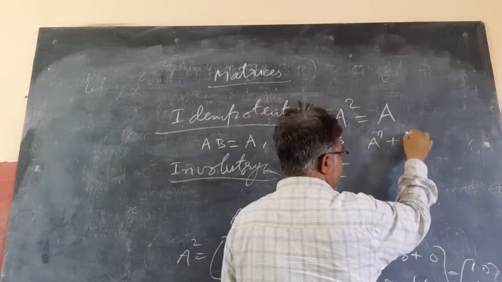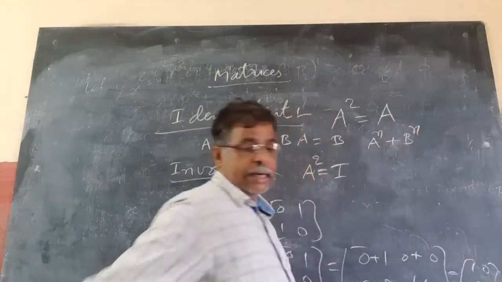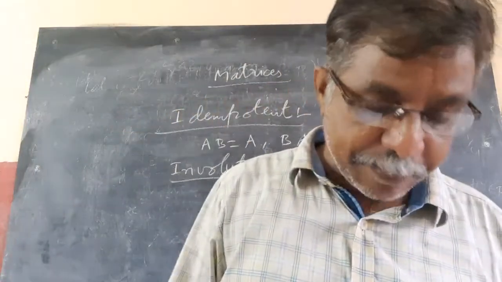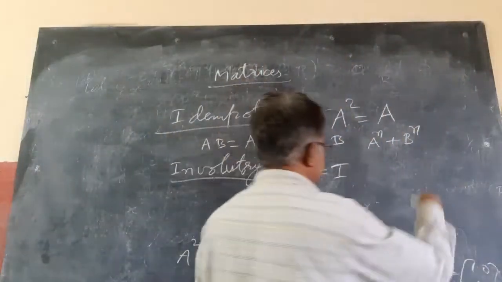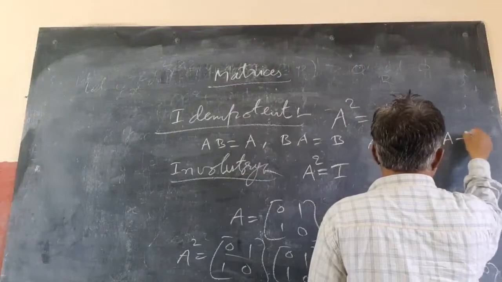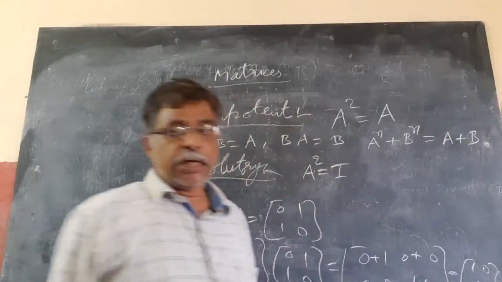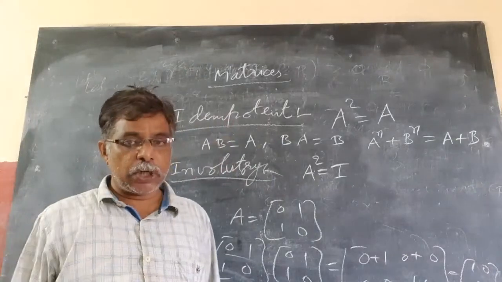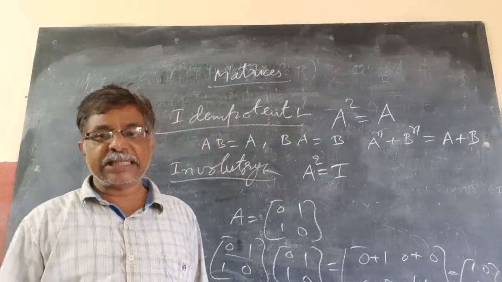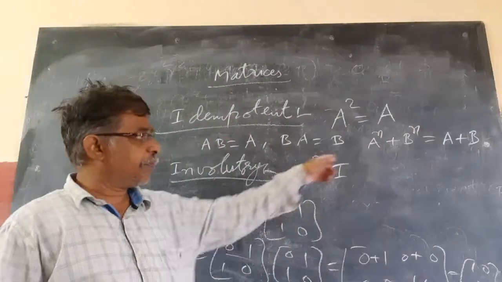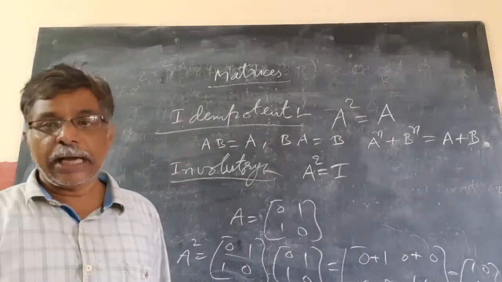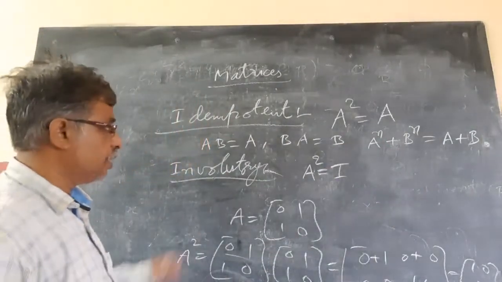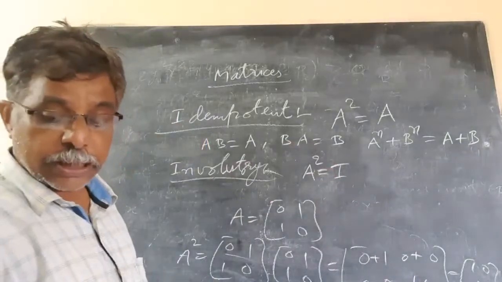Then A power n plus B power n equals A plus B. If A and B are such that AB equals A and BA equals B, then A and B are idempotent matrices and A power n plus B power n equals A plus B, if these two are idempotent. Next.